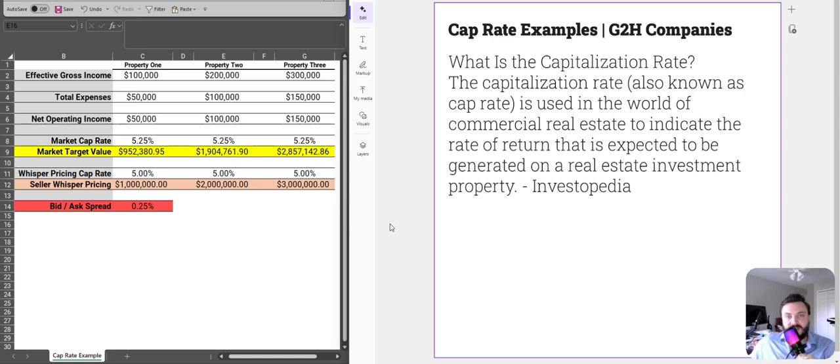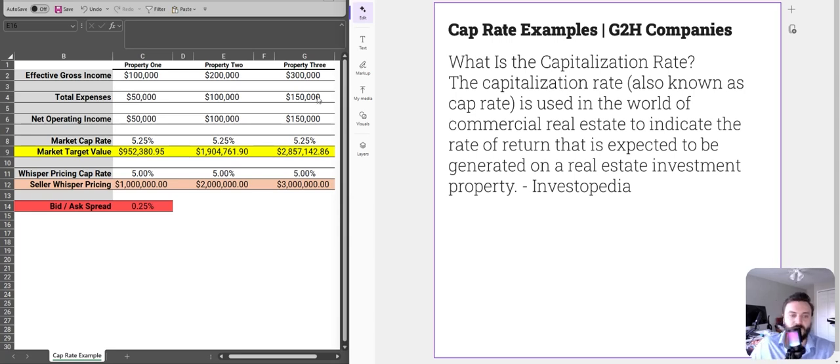It is very simply the return on the property. Where it gets a little muddy is there is a real cap rate, which is based on a purchase price, and then there are forecasted cap rates, which is you essentially guessing what the market is and what you're going to buy the property at. But in real terms, a cap rate is just a simple expression of return.